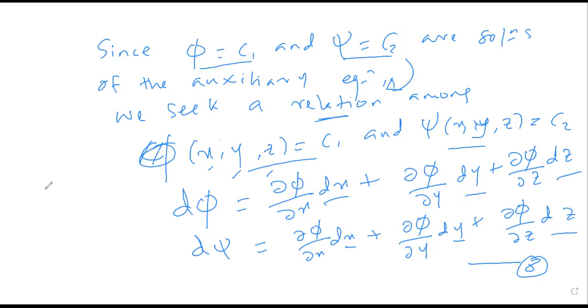I'll erase this one. Now write down: therefore, what is our dx will be del pi over del y.